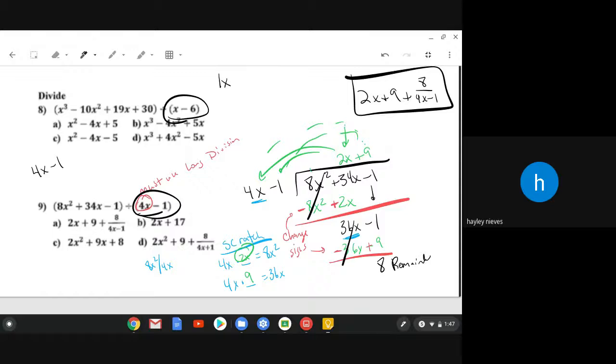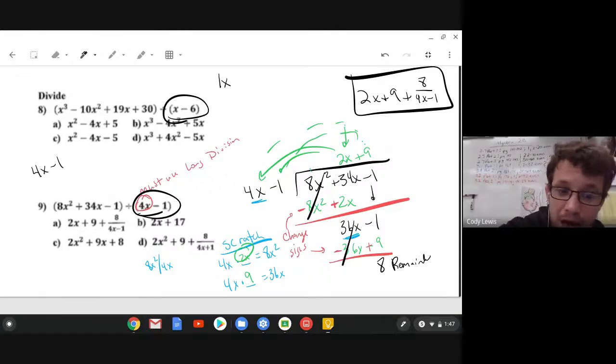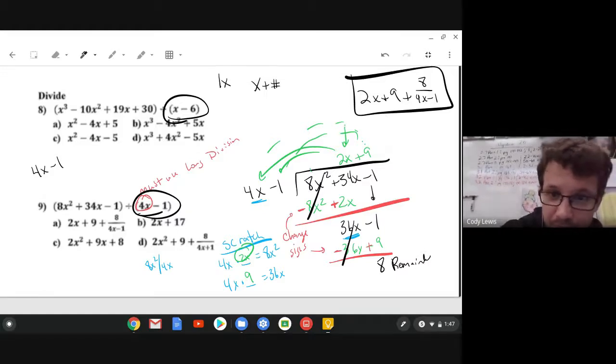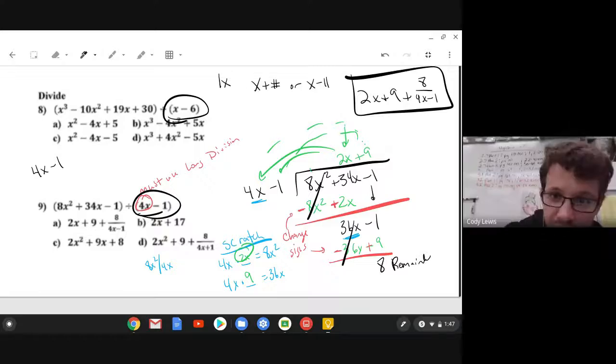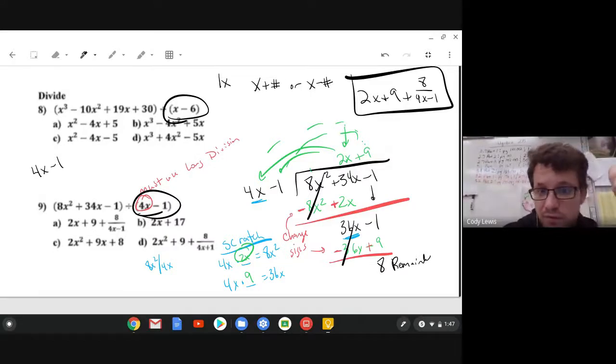There are some ways to trick it into working, but basically synthetic division needs to be x plus a number or x minus a number. So if you ever saw an x squared, you have to use long division. If you saw 3x, you have to use long division. Make sense? Yeah, thank you.